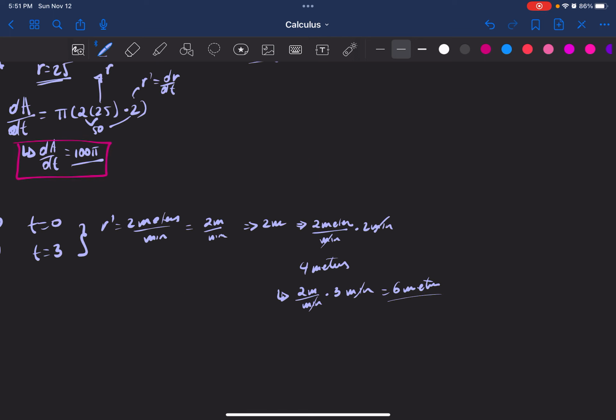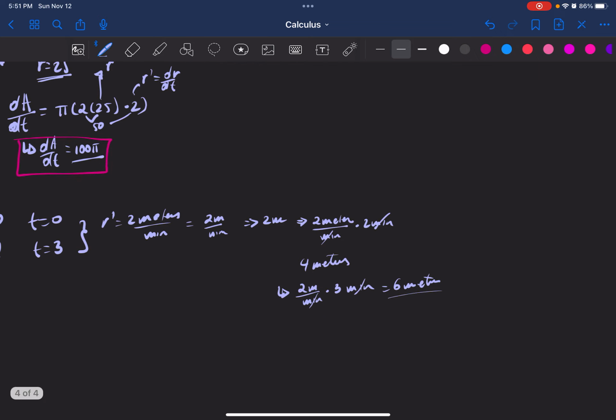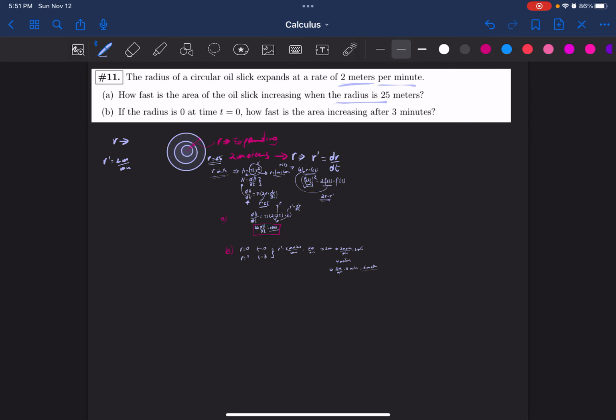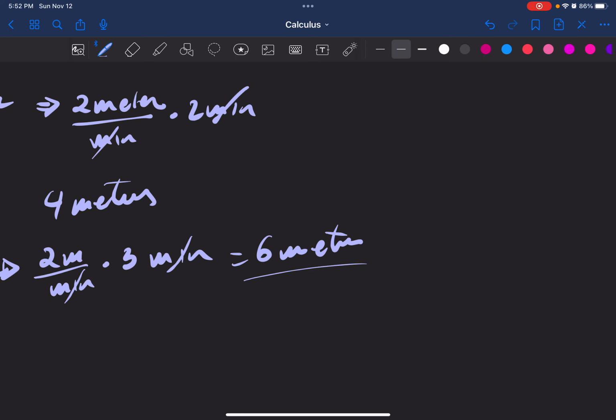So now with this information, I have to find how fast the area is changing, meaning increasing, after 3 minutes. After 3 minutes, my radius is not going to be 25 anymore, but it's going to be 6.